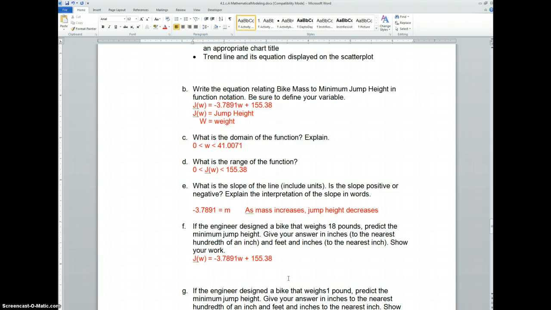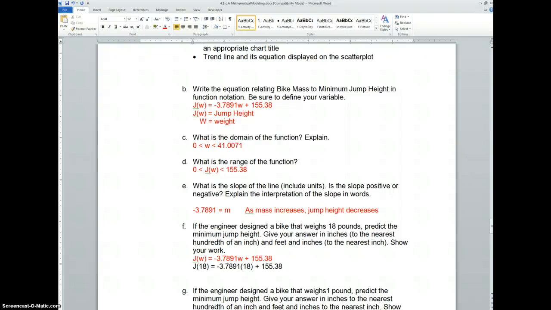So our jump height, actually in this case, function notation, it's going to be J of 18 is equal to negative 3.7891 times 18 plus 155.38.